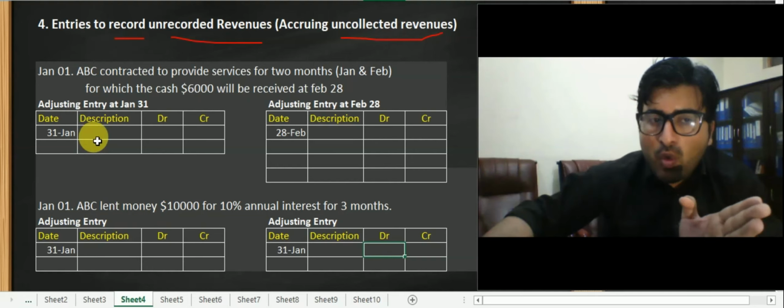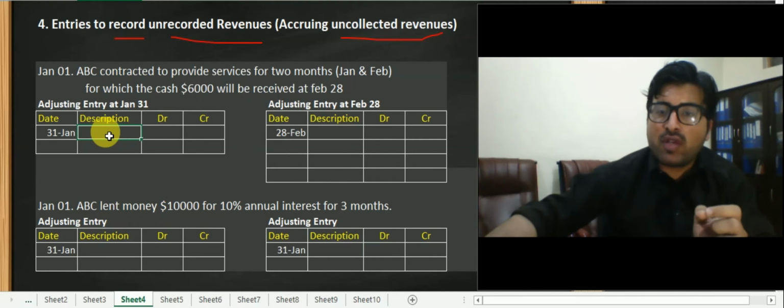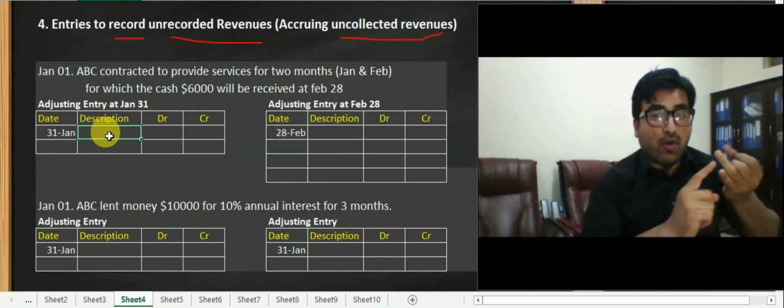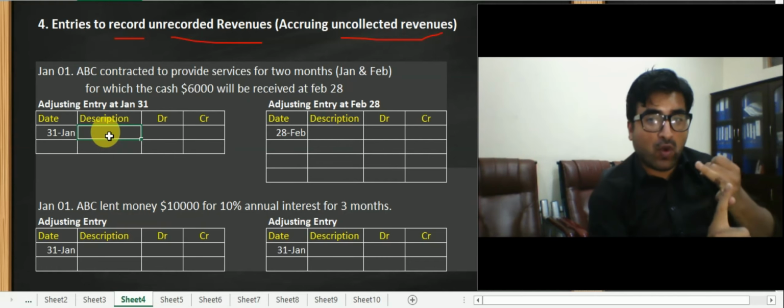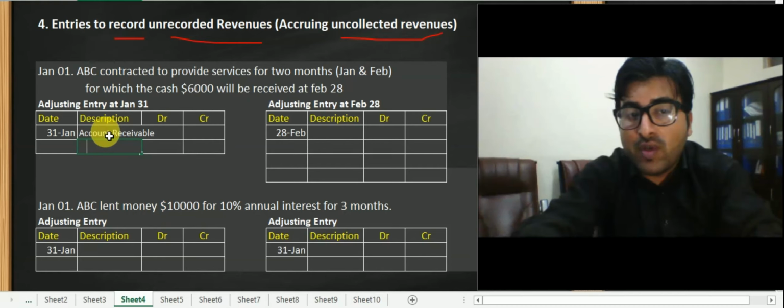Now after 1 month, it's January 31st. As per the contract, you have provided the services, because you are providing the services for 2 months. After 1 month, you have provided the services, so you should debit account receivable, right? And you have to credit what? Service revenue.